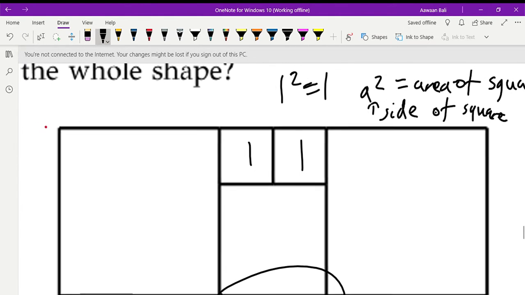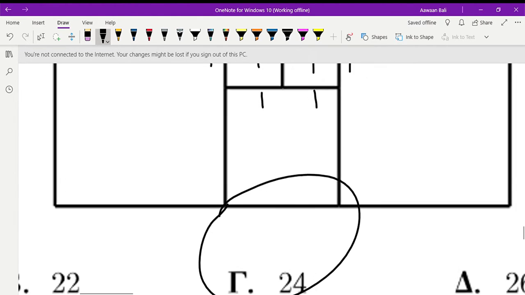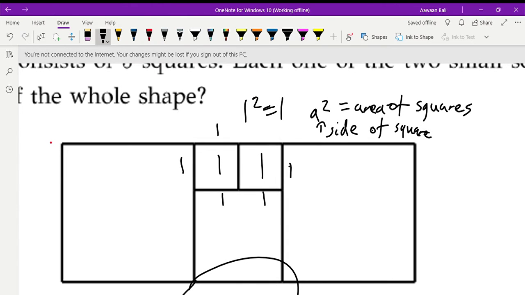So we have 1 here and 1 here. I'm only putting in the necessary places, but we can put the rest later.